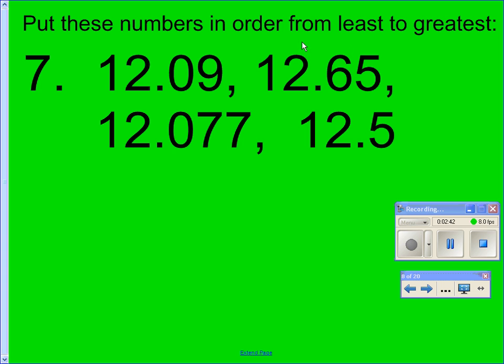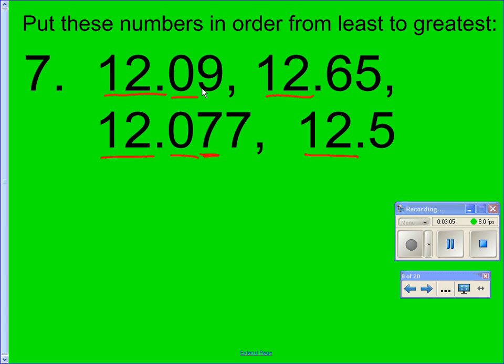This next one, it says to put them in order from least to greatest. So that means you want the smallest number first to go all the way to the biggest number. Okay, you can notice that they all start with 12. Then the 12 and 9 hundredths and 12 and 77 thousandths both have zeros in the tenths place.